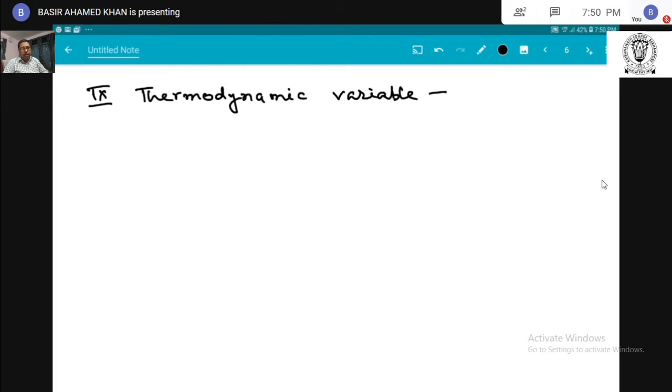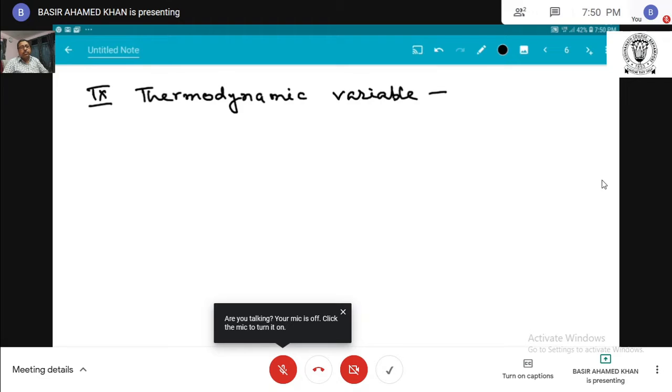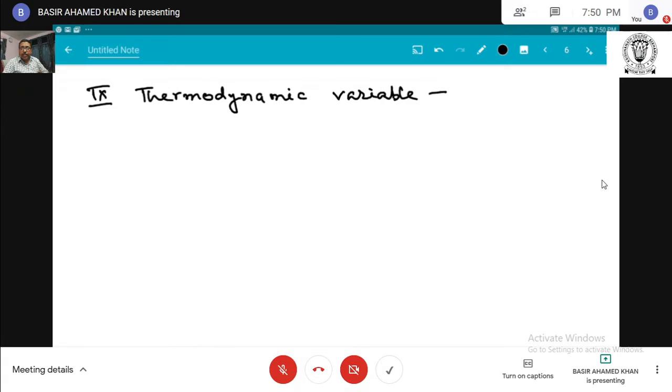Suppose I want to describe a thermodynamic system which is in thermodynamic equilibrium. To describe this system, we need some parameters, and since there is no exchange between the system and the surrounding, the specified parameters are not time dependent.